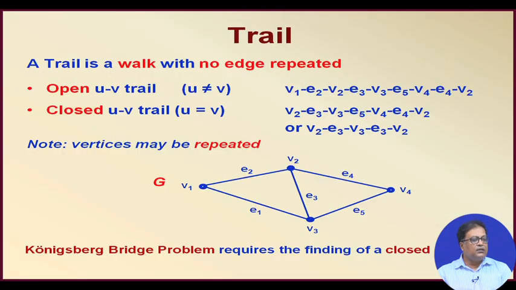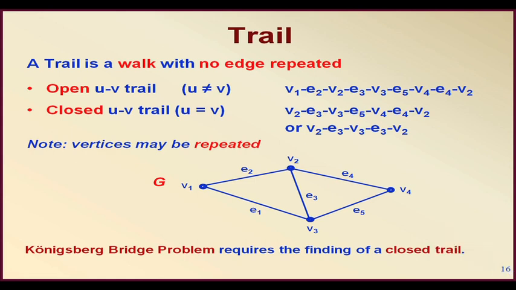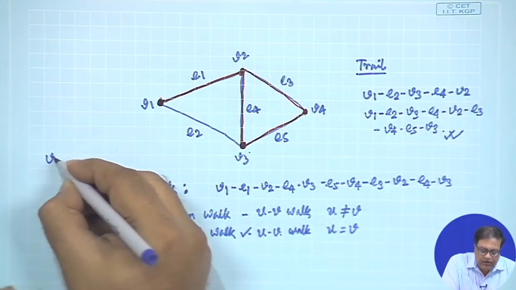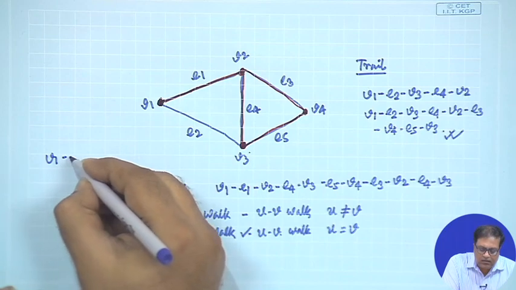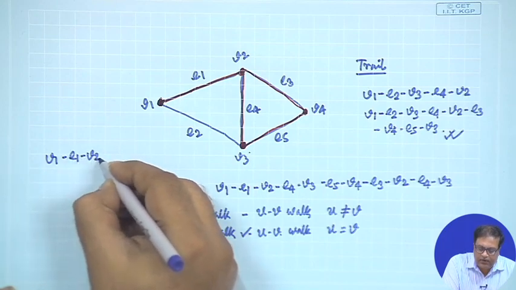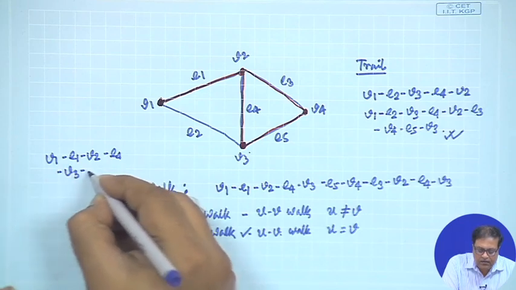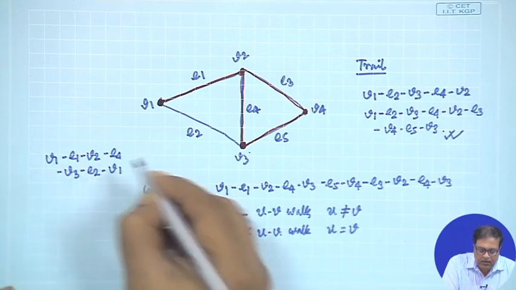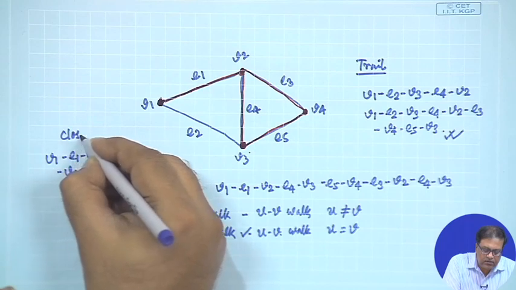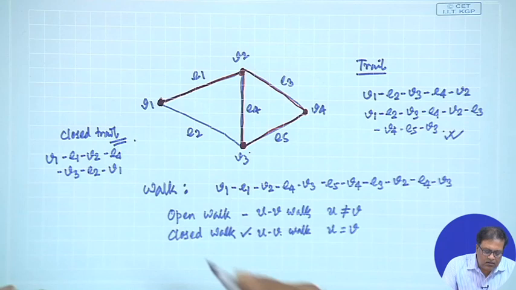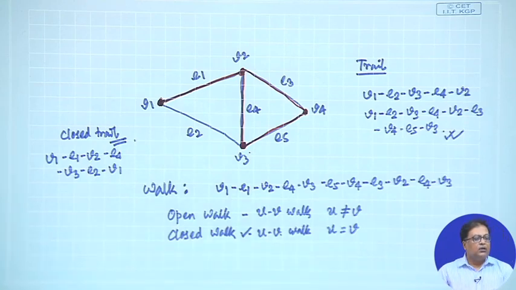If you look at a closed trail, it would be V1, E1, V2, E4, then V3, then E2 and V1. So, this is a closed trail, right. That is what, that no edges should be repeated.